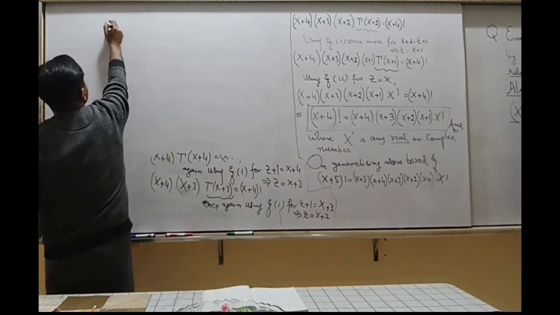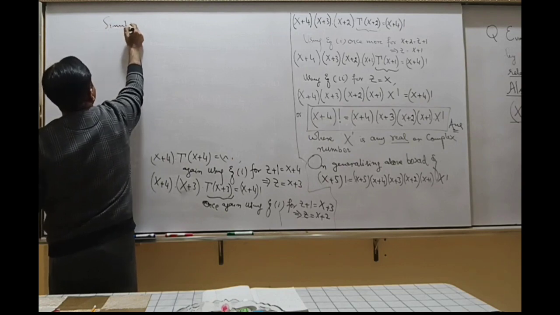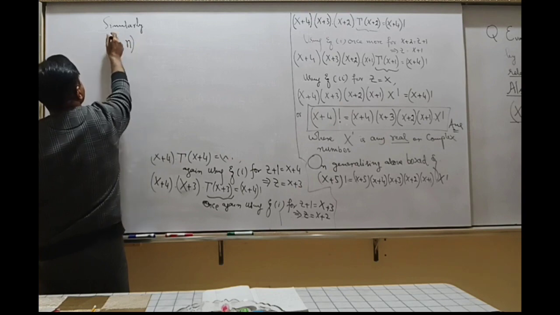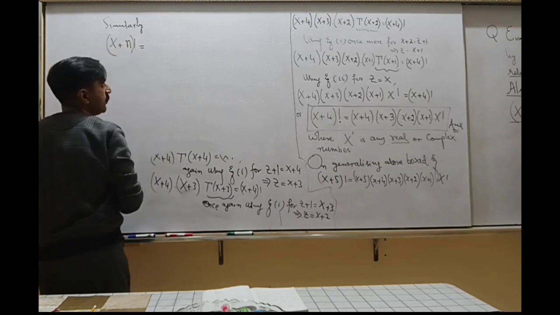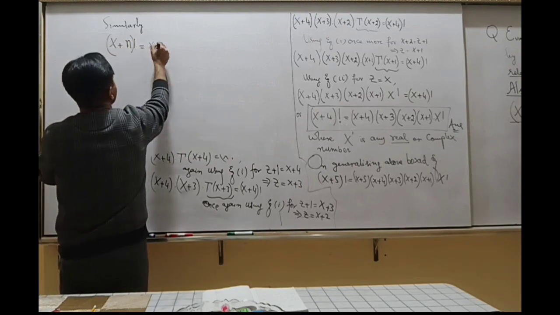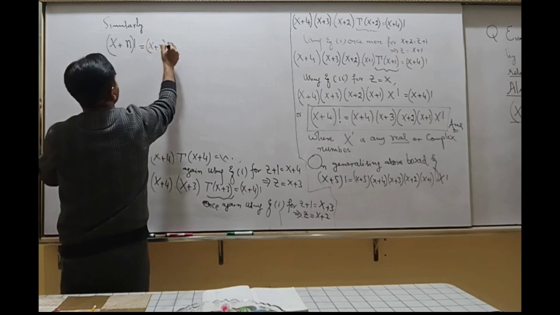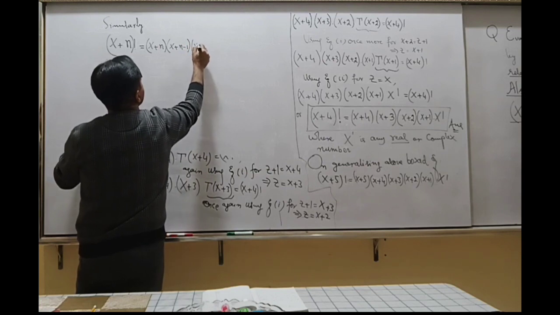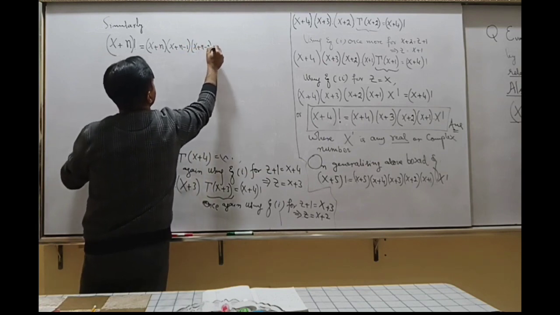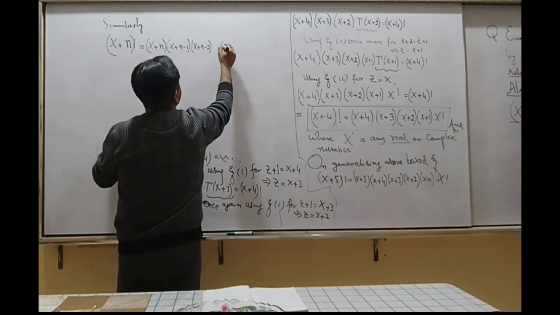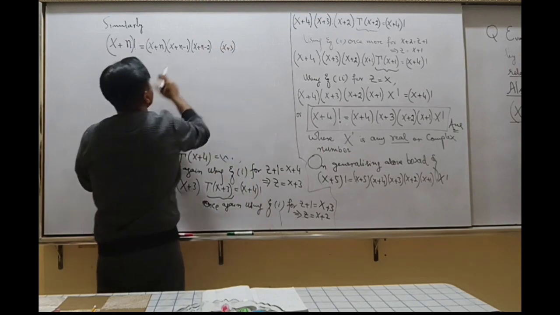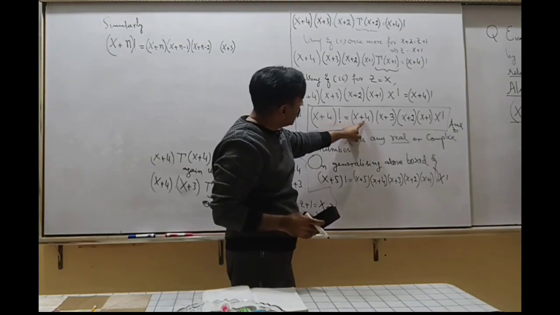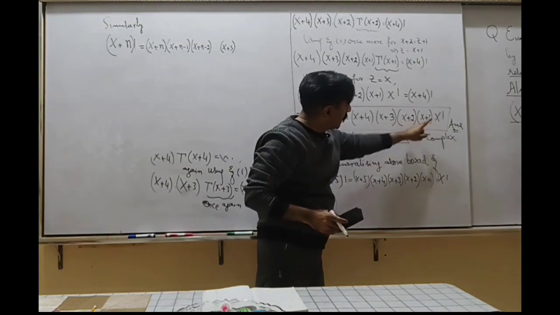Similarly, your x plus n factorial will be what? It will be x plus n into x plus n minus 1 into x plus n minus 2 dot dot into x plus 3. If n is an integer, then it keeps on reducing and it reduces up to 1.